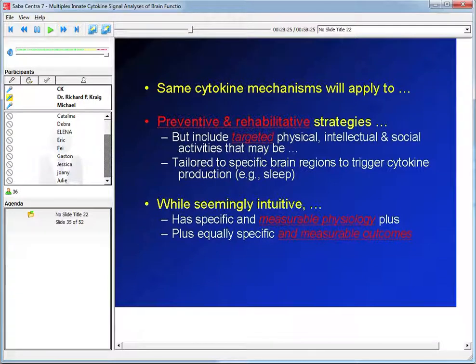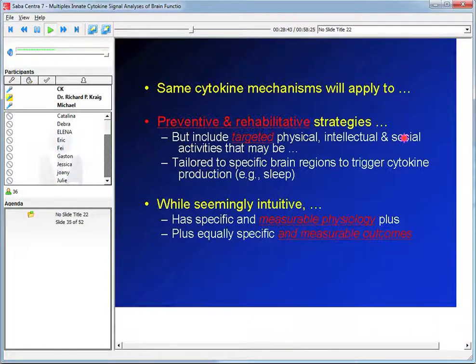We think this will be very applicable to preventive healthcare strategies, that is, educating people or empowering them about how physical activity, intellectual activity, and social activity has a sound physiologic basis for reducing brain injury.